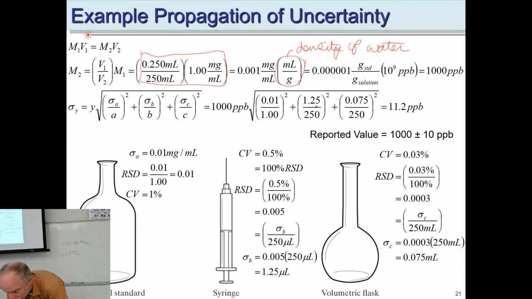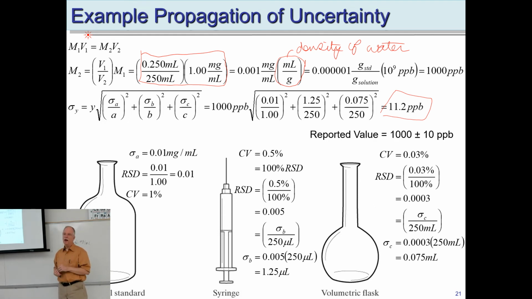This is the syringe RSD, and this is the volumetric flask RSD. And so then you add all those, multiply by 1,000 parts per billion, and this is our uncertainty in our stock solution. So our stock solution is 1,000 plus or minus 11 parts per billion.